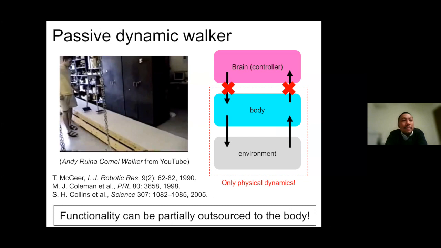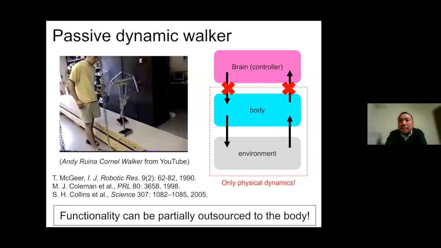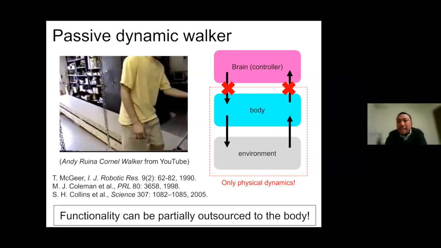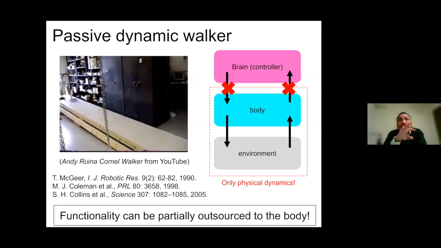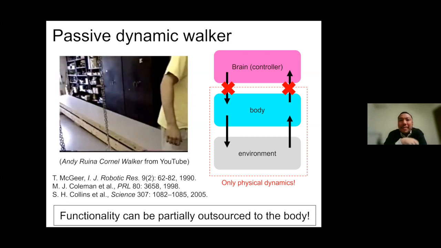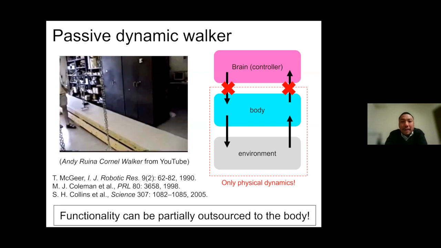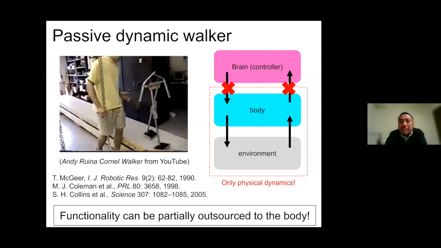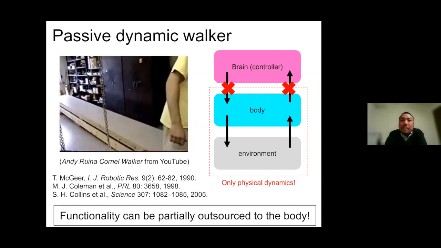And only by using physical law, it walks naturally. So somehow we can say that this morphology of the body is already computing something required for natural walking behavior. So the message here is functionality can be partially outsourced to the physical body.